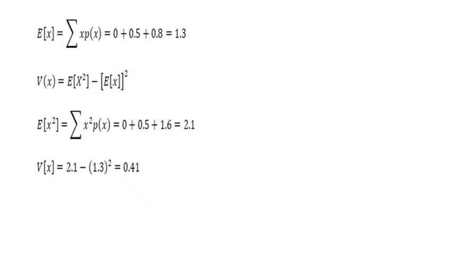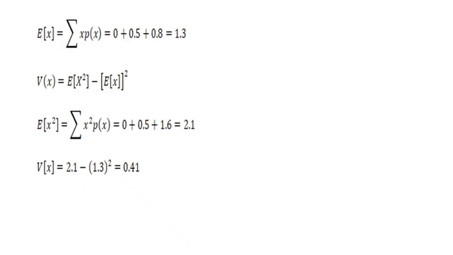Then we look for the variance. To calculate the variance, we first do E of x squared, that is x squared times p of x. That means x1 squared times p of x1, x2 squared times p of x2, x3 squared times p of x3.